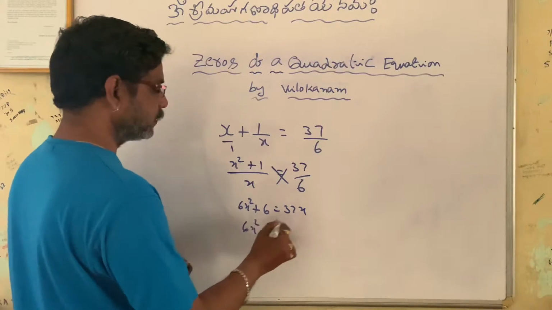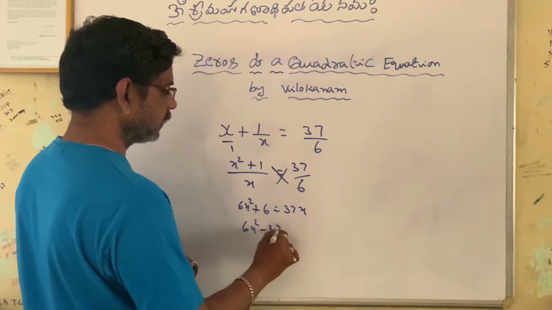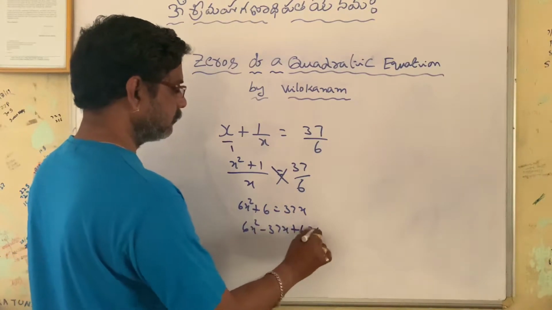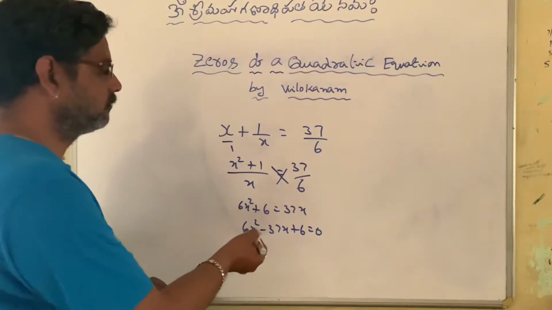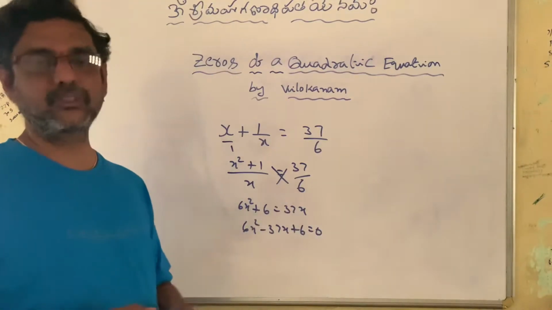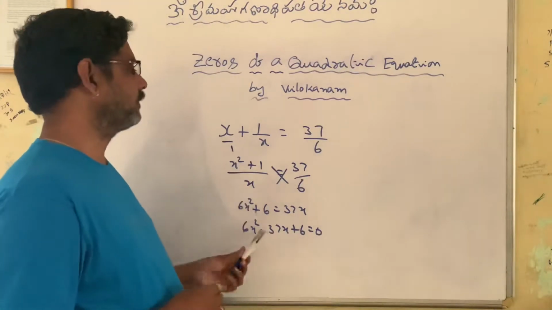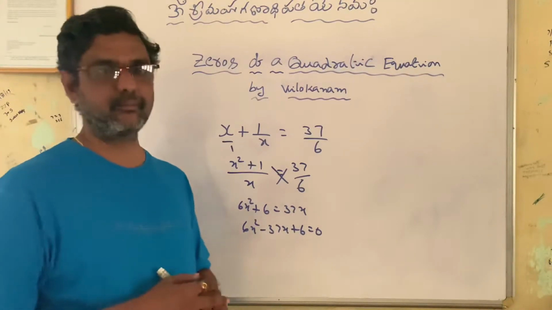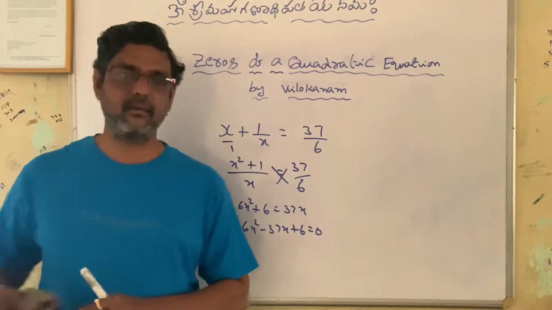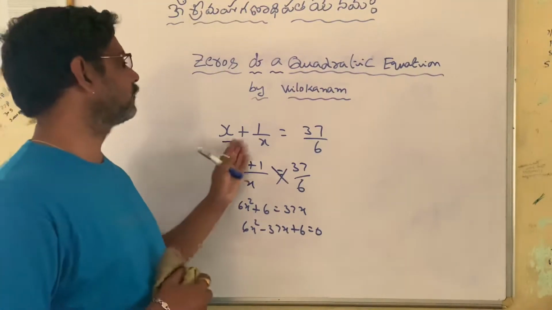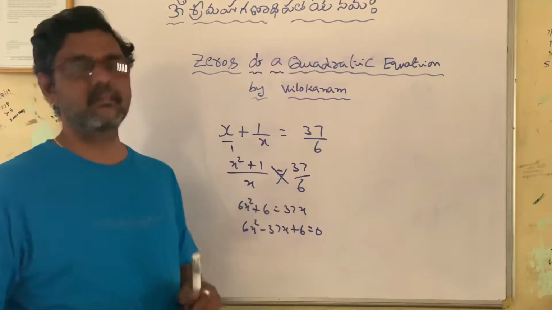Then we will reduce that equation into general form, and by splitting the middle term, we will find the zeros of the given equation. This is general. Now how can we say the zeros of the given equation without doing all these things?